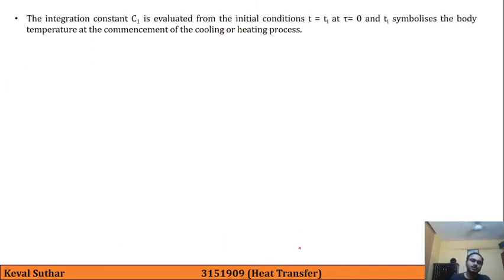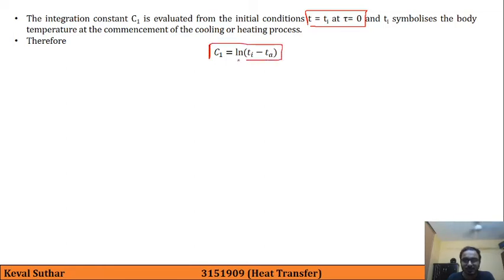Now the integration constant C1 is evaluated from the boundary condition T equal to Ti when tau is equal to 0, where Ti symbolizes the body temperature at commencement of the cooling or heating process. Therefore, we can write C1 is equal to ln(Ti minus Ta). If you go to our previous equation and put T equal to Ti at tau equal to 0, you will easily obtain the value of C1.